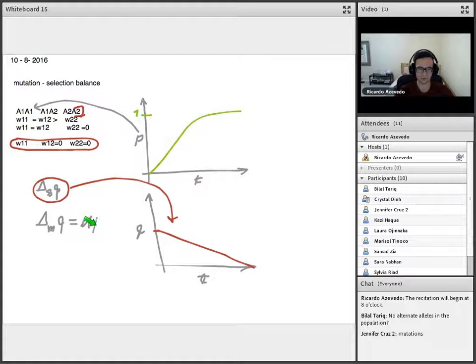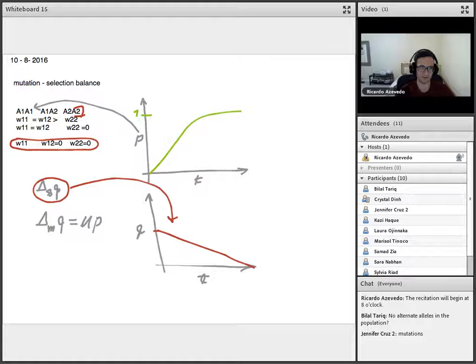So mu multiplied by P. That's the mutation rate multiplied by the frequency of A1. And what it does is it converts A1 into A2. So you have A1 turning into A2 with a probability, or with the rate mu.